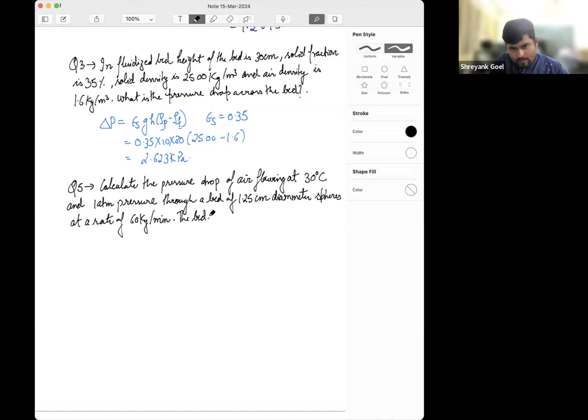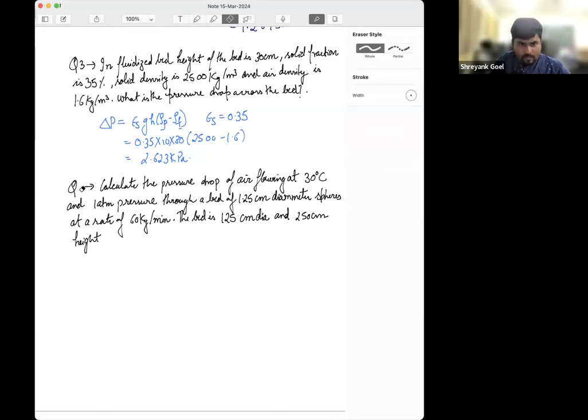The bed is 125 centimeter diameter and 250 centimeter height. This question is for you.